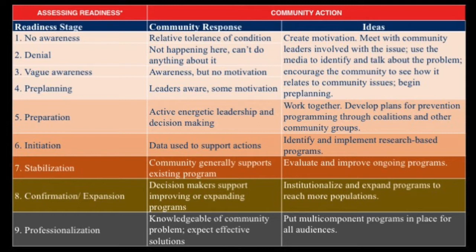You have to create motivation, engage with the community and convince them that there is a problem here. That's where your problem model comes in, where you will talk about the problem, quantify it, and talk about the contributing factors and the consequences of that problem. So you have to convince the community in order to go in and implement your program.